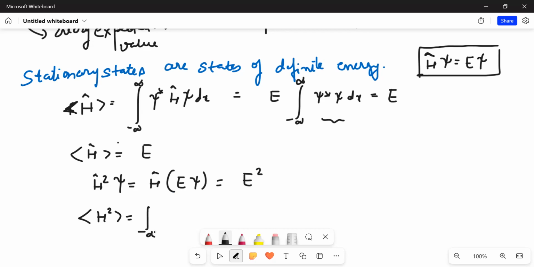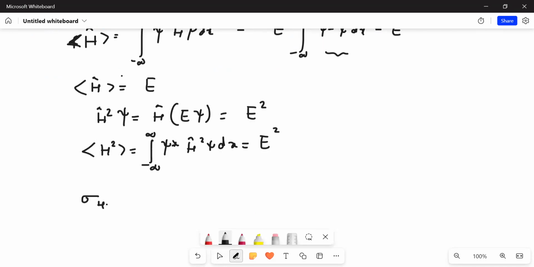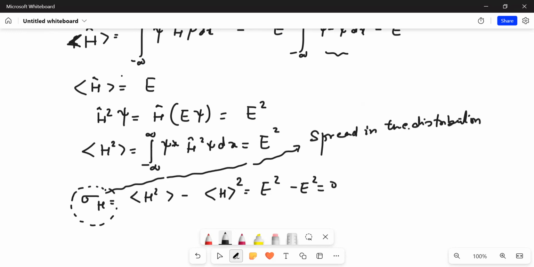Now, if I want to find the expectation value of H squared, the integral of psi star H cap squared psi dx, it is simply equal to E squared. So the variance will be the expectation value of H squared minus the square of the expectation value of H, which is zero. And please do remember, what is the physical meaning of variance? The physical meaning of variance is the spread around the mean position, or simply how much is the spread of the distribution. And what is the distribution here?